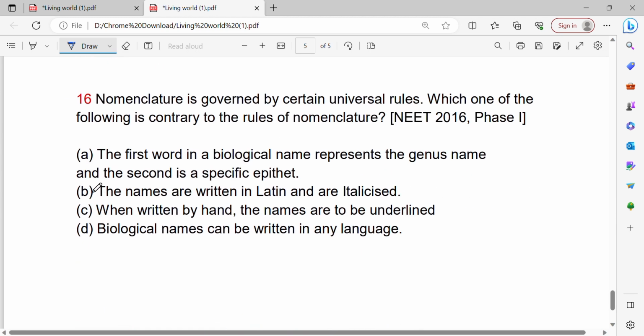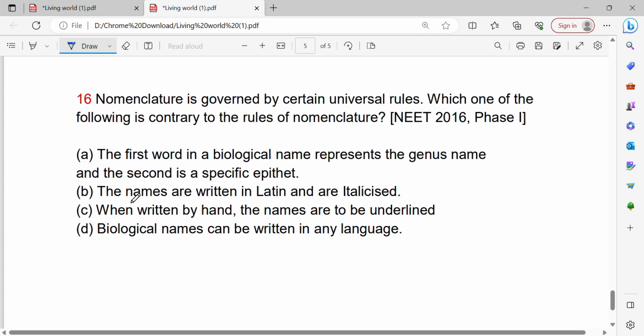Question number 16. Nomenclature is governed by certain universal rules. Which one of the following is contrary to the rules of nomenclature? Option A, the first word in a biological name represents the genus name, and second is a specific epithet.